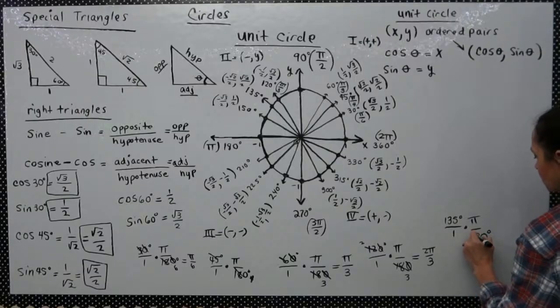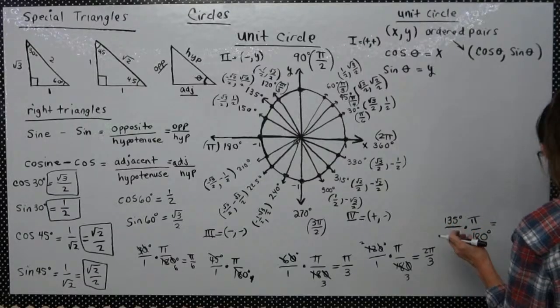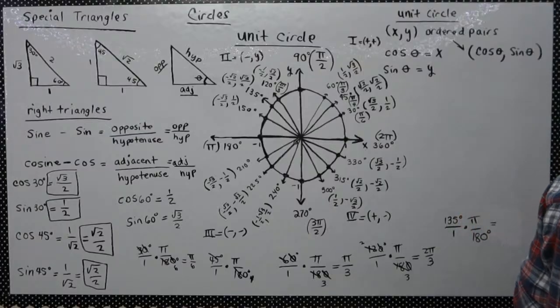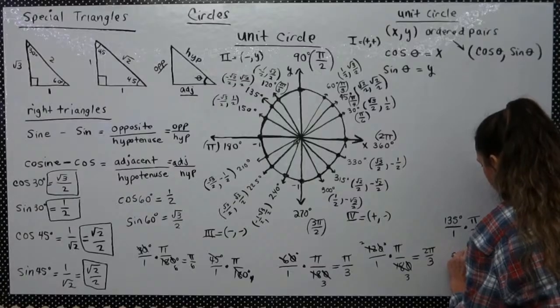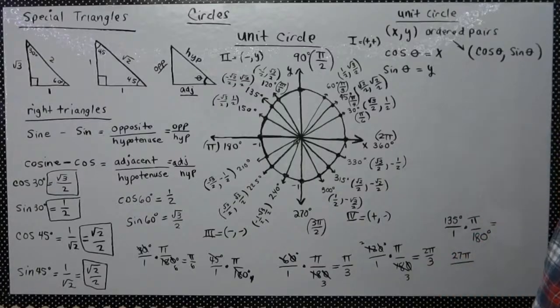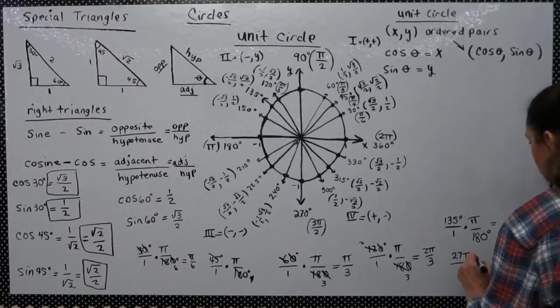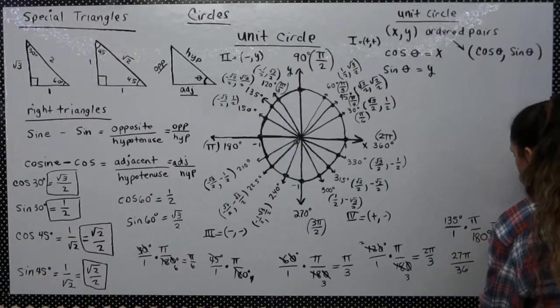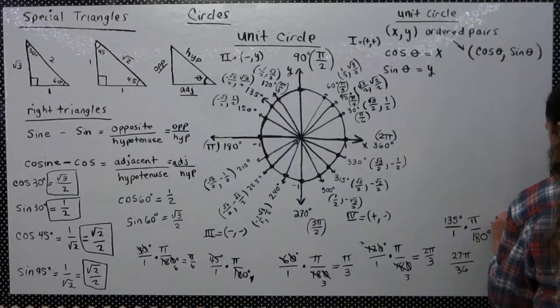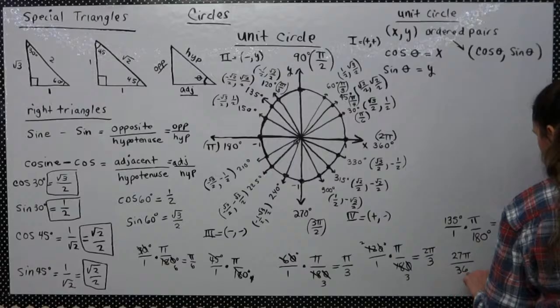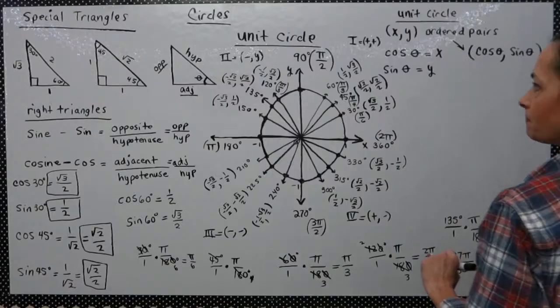So if you're struggling to break them down, we'll just break it down. 135 divided by 5, it's 27. So we got 27 pi over 180 divided by 5, 36. And that's going to reduce down a little bit. So then they both go into 9. So 9 times 3, so you've got 3 and 9 times 4. So that's 3 pi over 4.